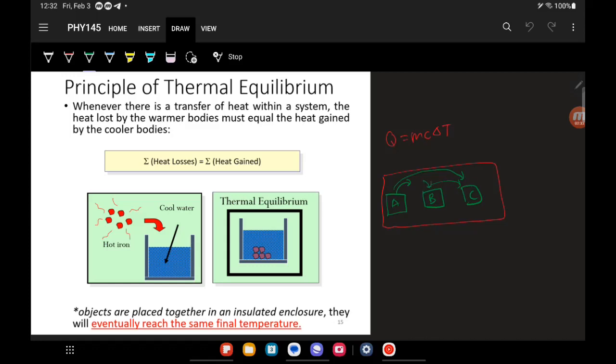That equation is guided by the concept of thermal equilibrium, where the temperature is the same.